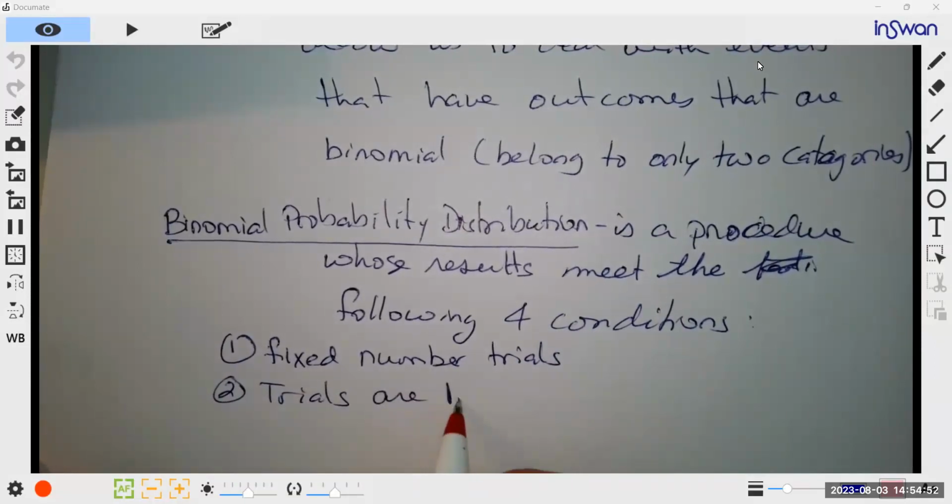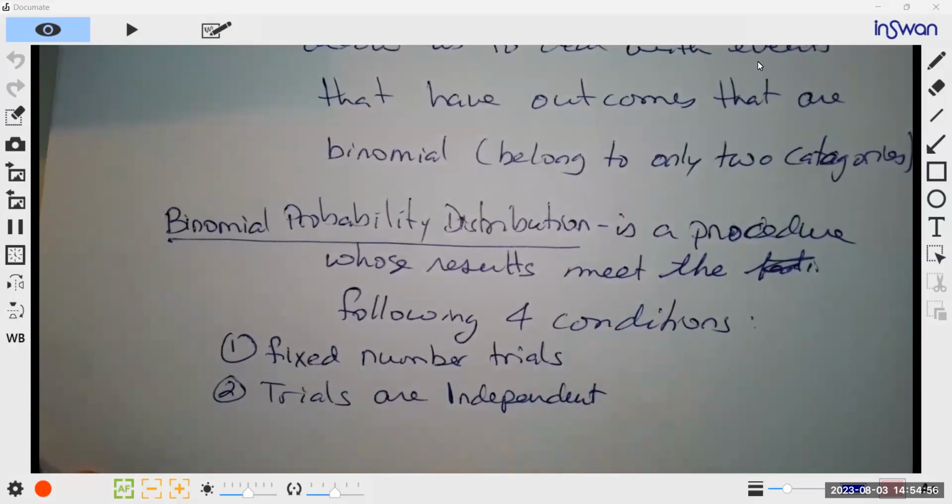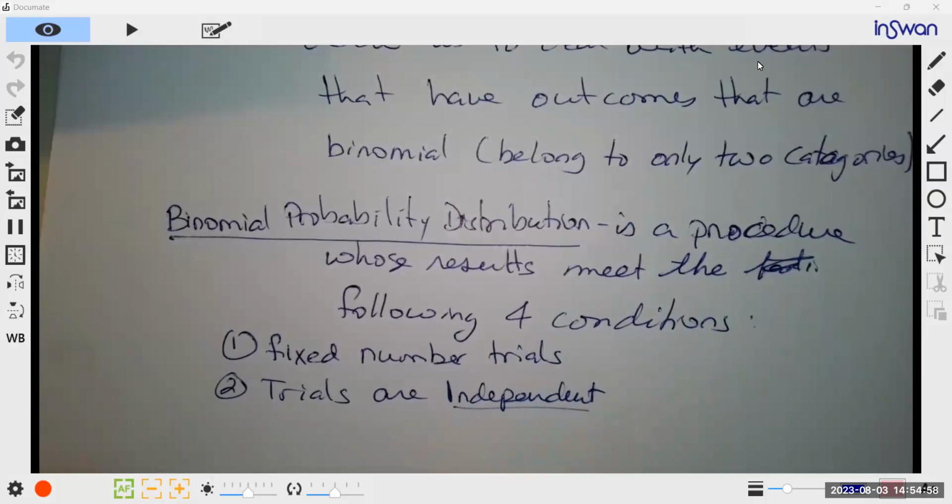Trials are independent, meaning that one trial does not affect the outcome or the probability of the second or the others.